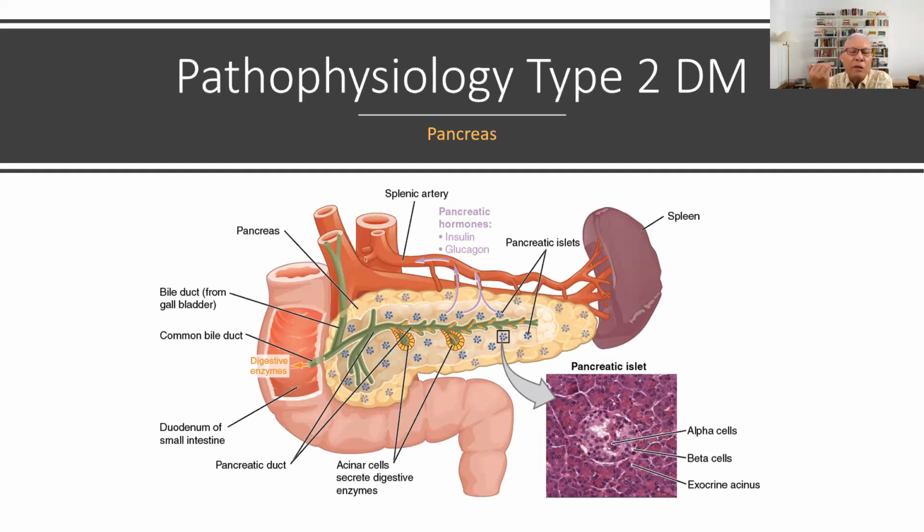So let's take a look at the pathophysiology of diabetes. We cannot talk about diabetes without talking about the organ that is responsible for the release of insulin. This is the pancreas. The pancreas is an organ that is located near the stomach. It is an exocrine gland, meaning that it releases digestive enzymes, but it also has an endocrine function.